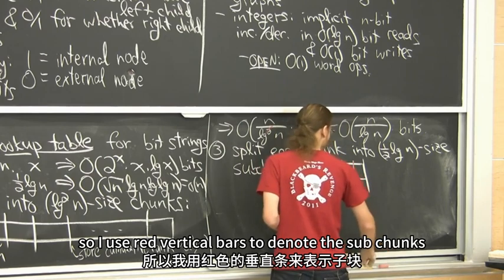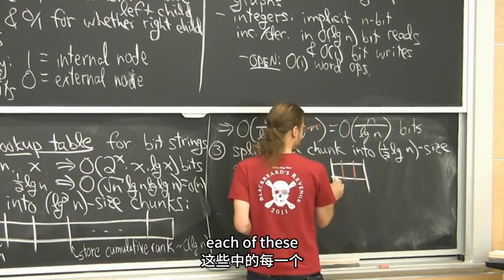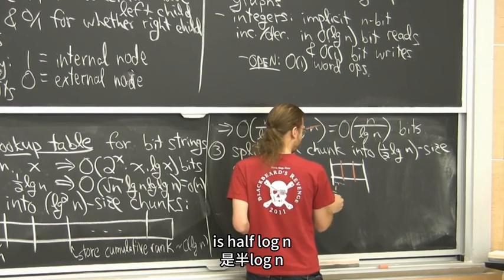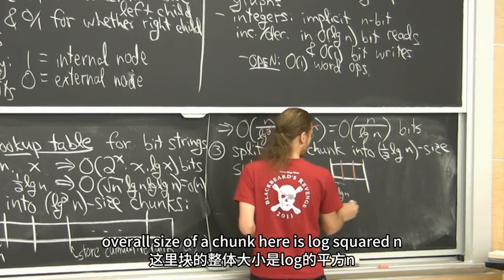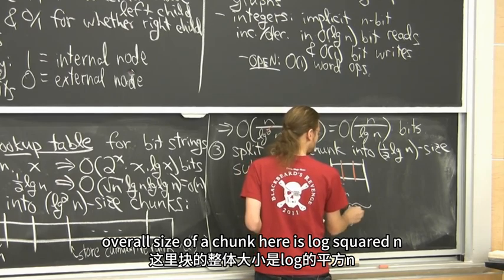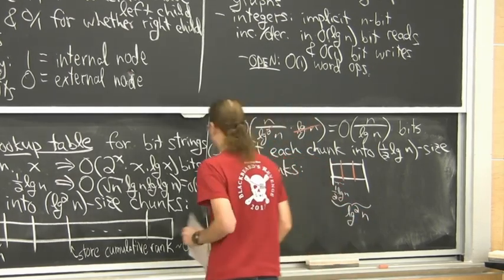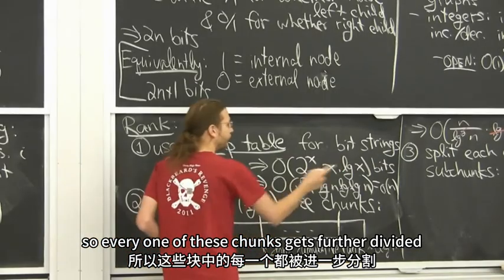So I use red vertical bars to denote the subchunks. Each of these is half log n. Overall size of a chunk here is log squared n. So every one of these chunks gets further divided.